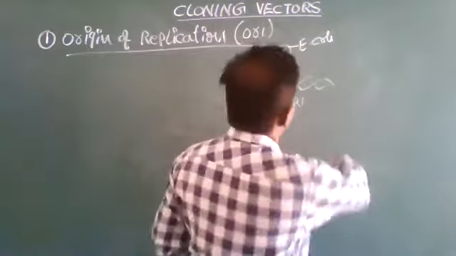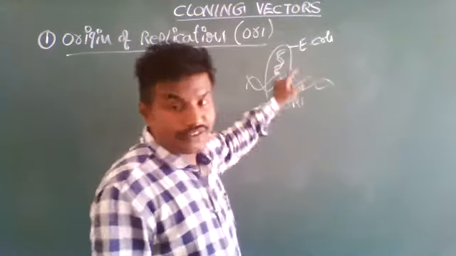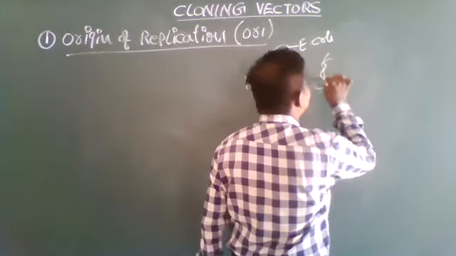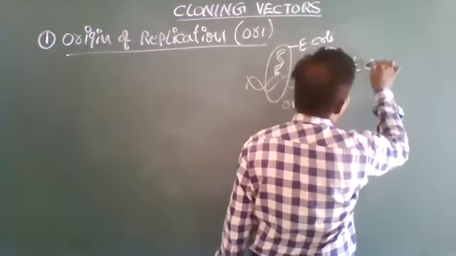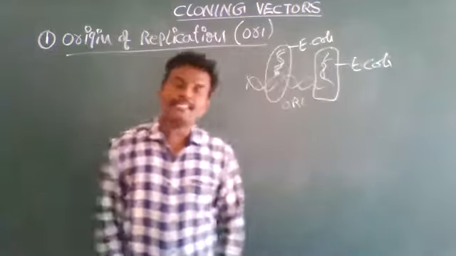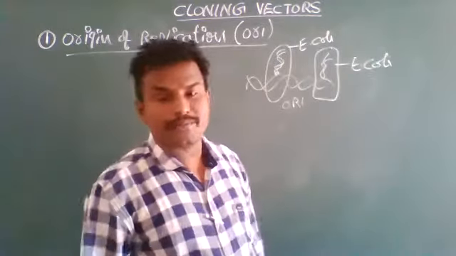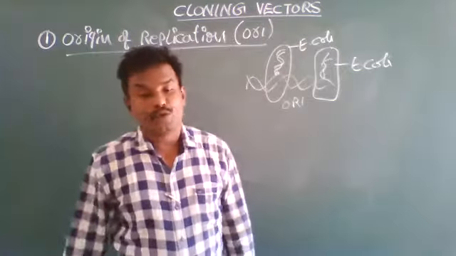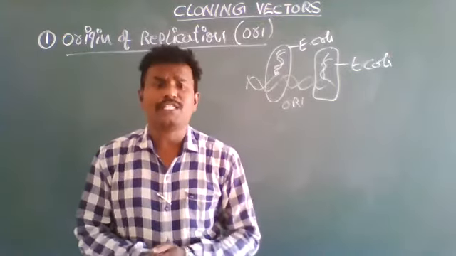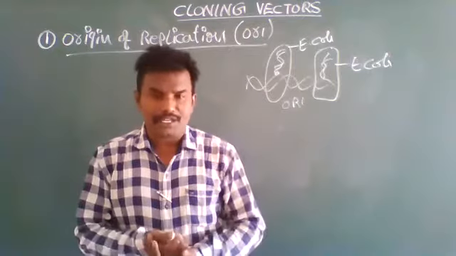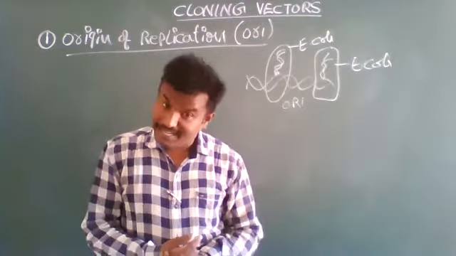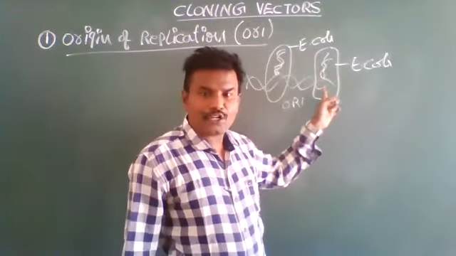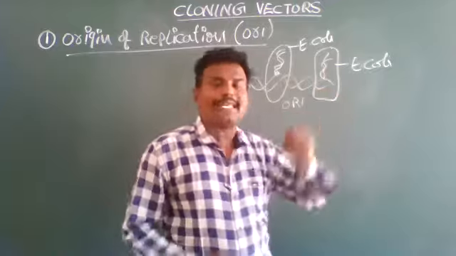When a foreign DNA is introduced here, it will be transferred into the E. coli bacteria, and using the E. coli mechanism, it will produce multiple copies. ORI is a sequence from where replication starts and produces multiple copies of foreign DNA when alien DNA is linked to this ORI sequence.